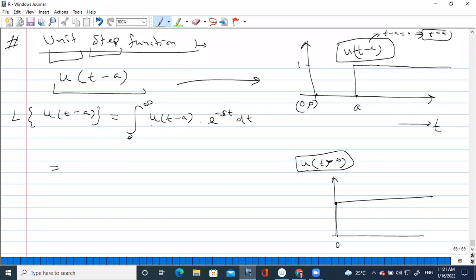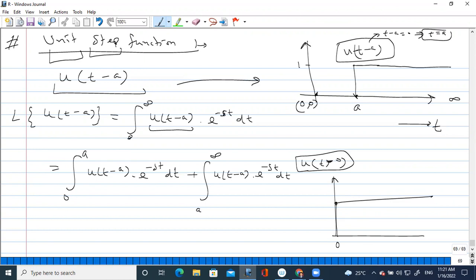This function has two different values, one between 0 to a and another between a to infinity. So my integral will be broken into two parts: 0 to a of u(t minus a) e to the power minus st dt, plus a to infinity of u(t minus a) e to the power minus st dt.